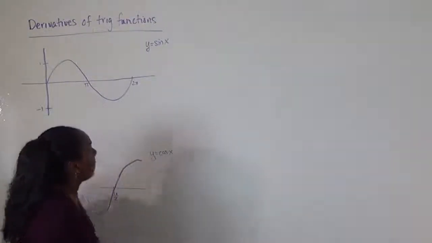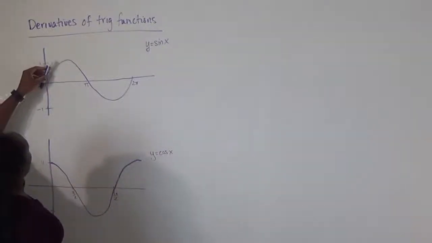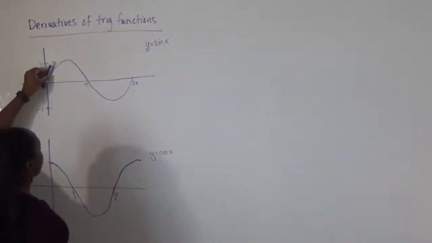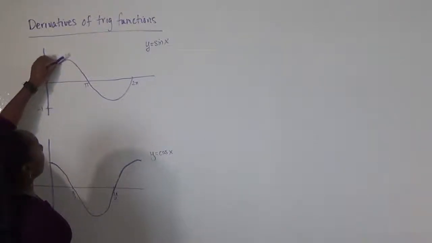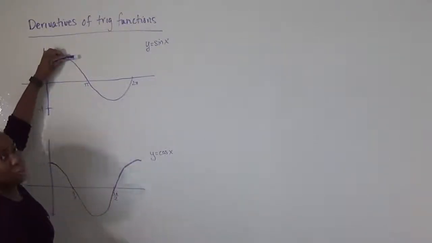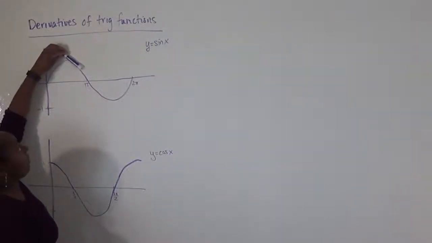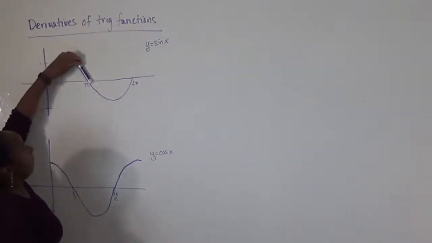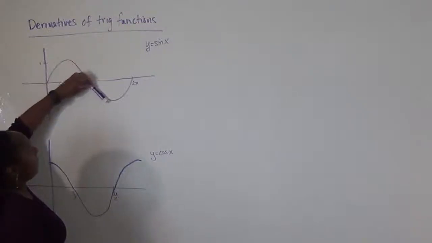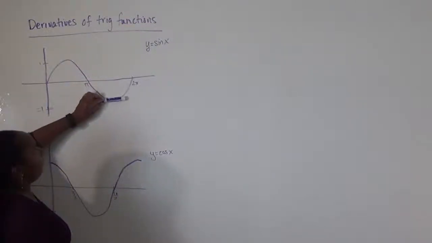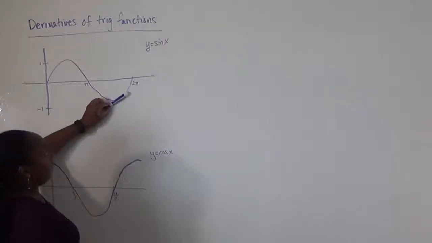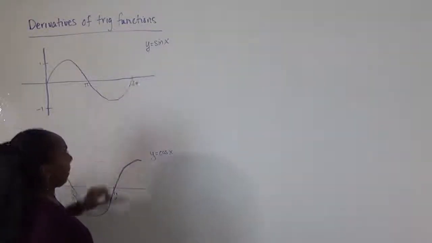we can see that I start out with something positive, and it's kind of steep, and as I move along the curve, it becomes less and less positive and reaches a slope of 0. And then from there, it's going to start decreasing, and it becomes less decreasing as we move, and then again goes to 0, and then starts increasing again. Okay?